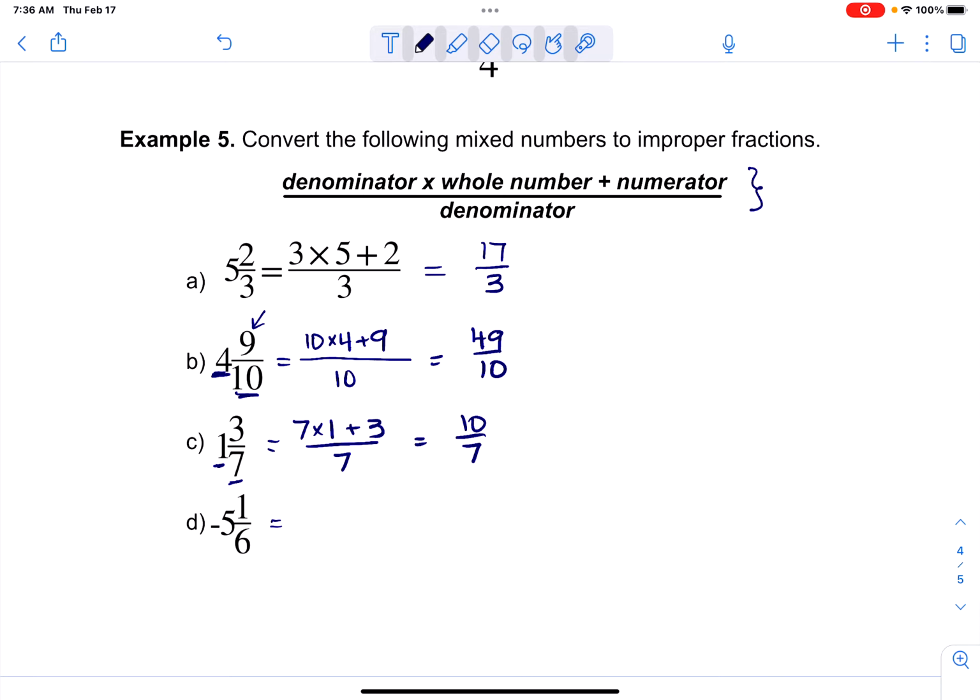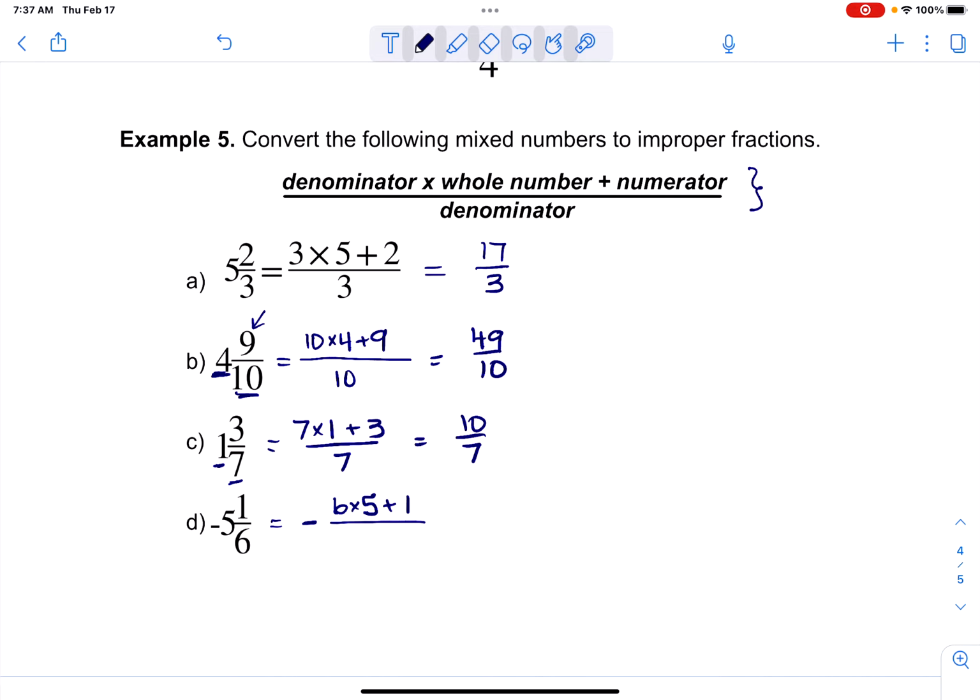Now with this one, you have to be a little bit careful because there's a negative number out here, and basically all that means is that our final answer is going to be negative. Don't do 6 times negative 5. Put the negative out front, and then you do 6 times 5 plus 1. If you do 6 times negative 5 plus 1, you're going to get the wrong answer because having a negative in there is going to mess up your calculation.